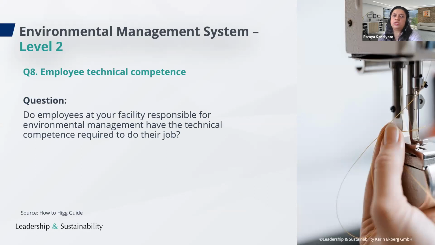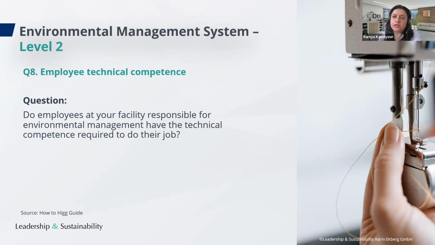Our next question is on employee technical competence. And here the question is, do employees at your facility responsible for environmental management have the technical competence to do their job? The technical competence could be in the form of any type of environmental certifications that they hold. It could be maybe a 14001 auditor kind of certification.